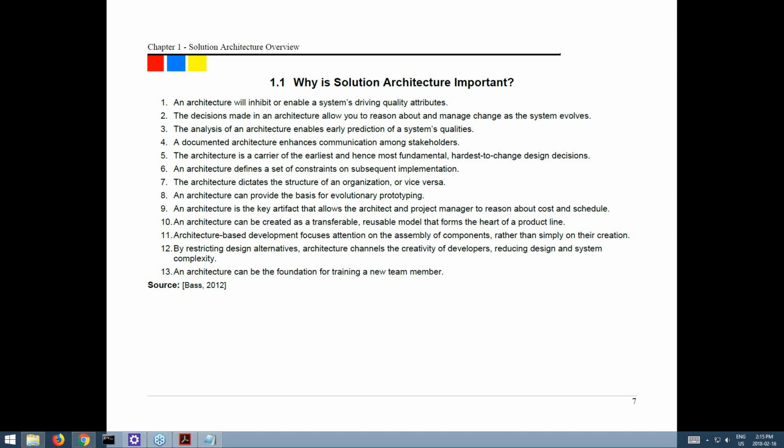Architecture is largely about non-functional requirements of a system. The functional requirements are, I can enter a number from an invoice and print a check, or send an e-payment. Those are functional requirements. That's describing what the system does.